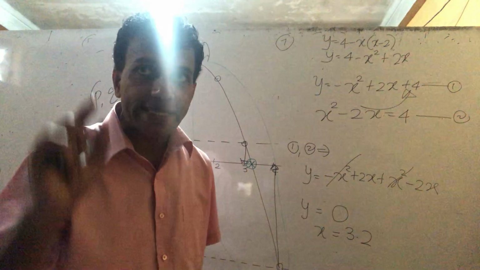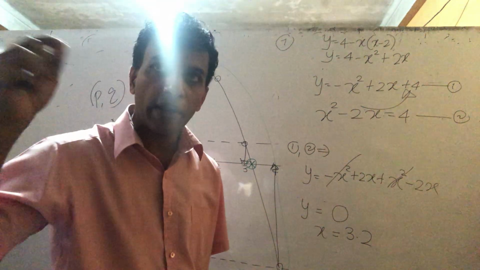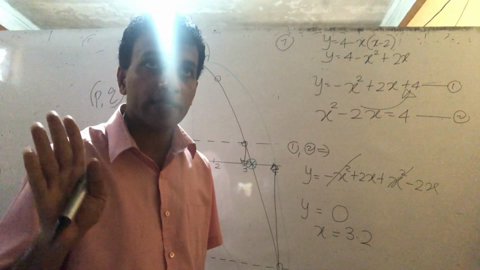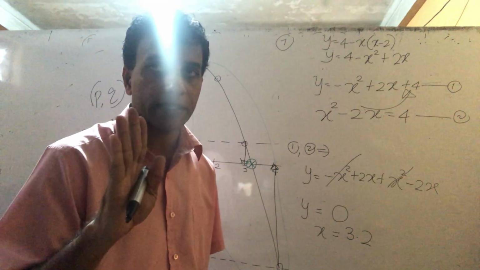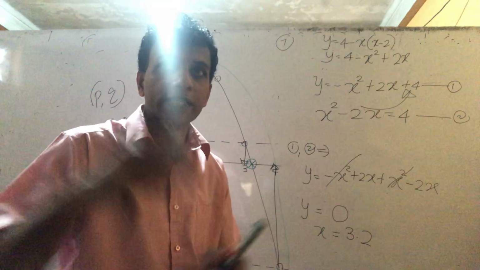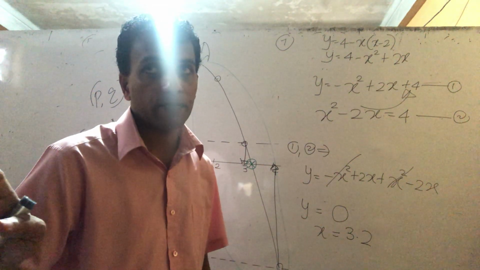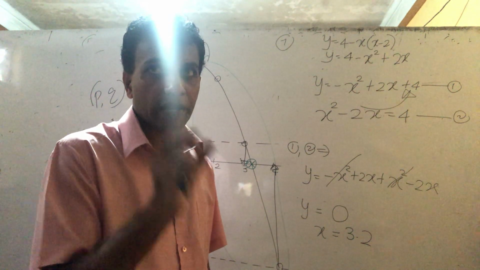If the actual scheme answer is 3.2, they will give full marks. If the actual scheme answer is 3.2, 3.1 also gets marks. One decimal above, one decimal below, plus or minus. But if you say 3.5, you are wrong. So therefore take an accurate value. Try to take an approximately accurate value.